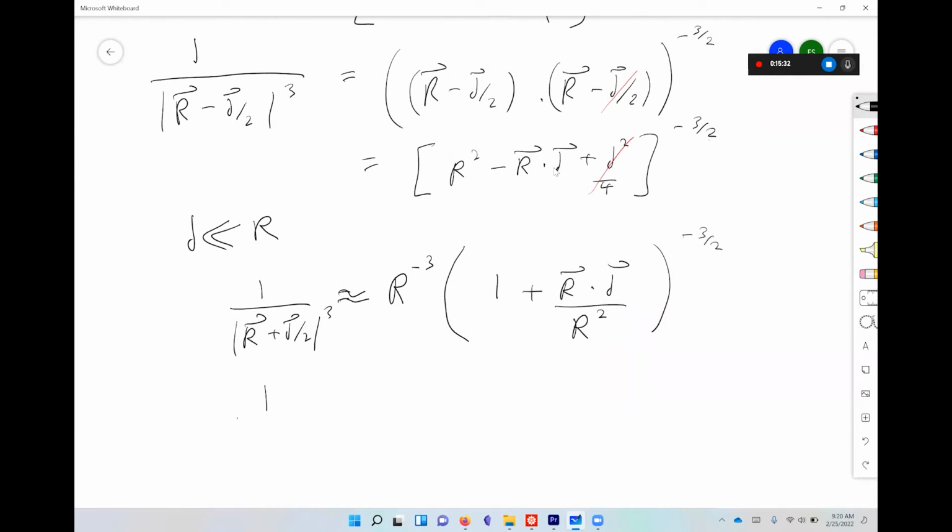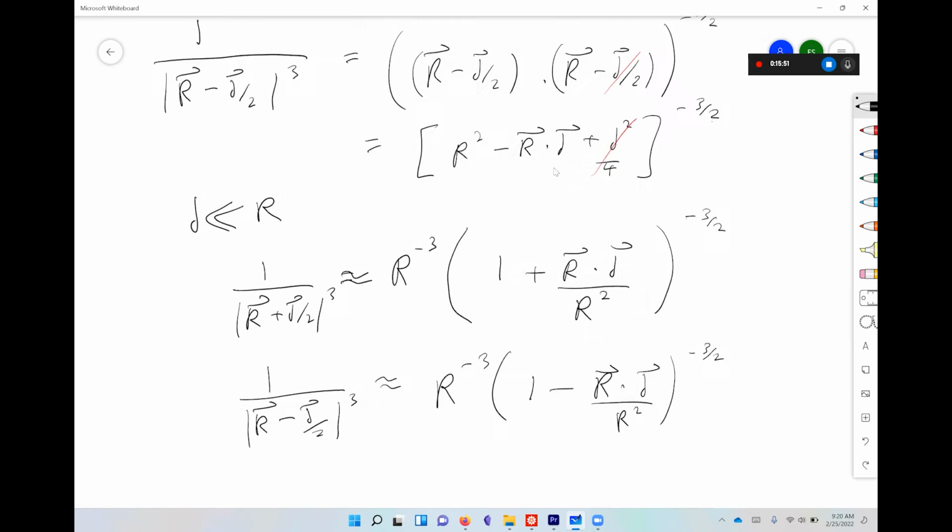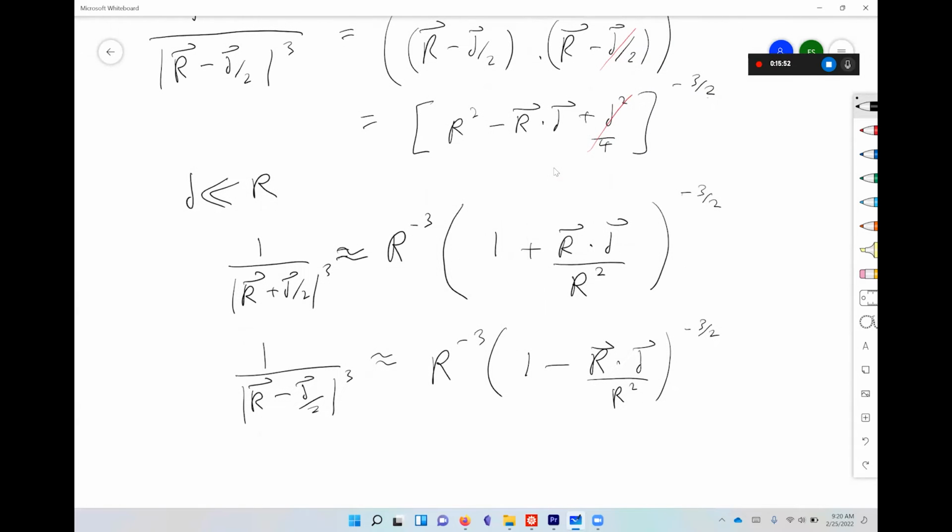And then 1 over R minus D over 2 cubed approximately equals R^-3, 1 minus R dot D over R squared to the -3 over 2. Okay, so this was approximation number 1. D is much less than R.